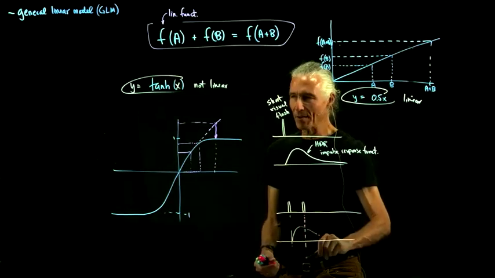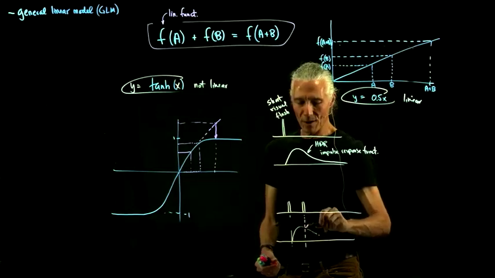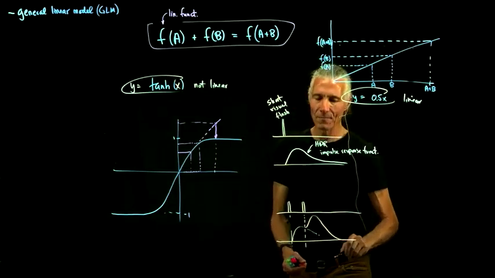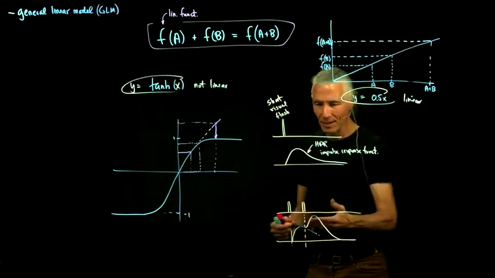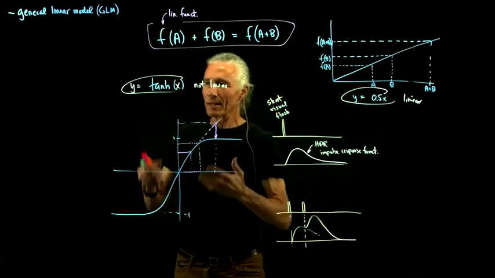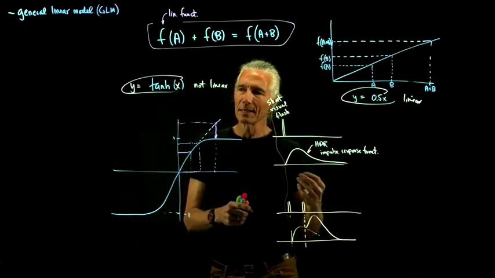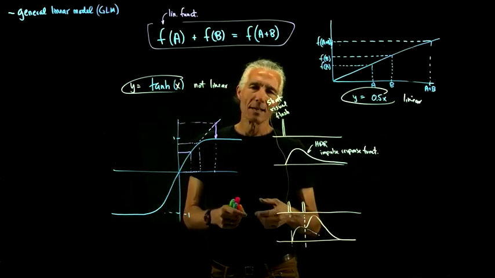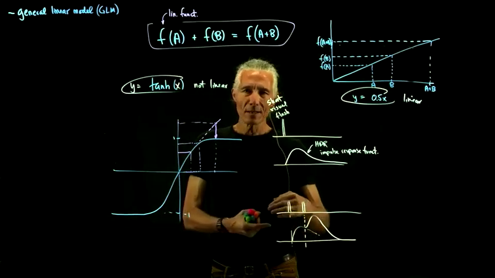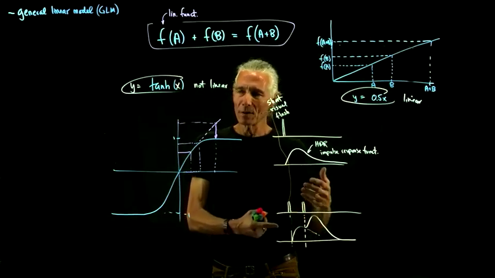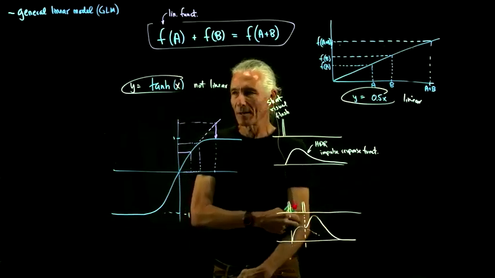But now we've got another one, and we'll just trigger it off again, on top of that, and then they'll both die off. So that's what the general linear model assumes. It assumes that whenever you do something, the brain responds, and then if you do something again, the brain just adds activity onto whatever ongoing activity is already there in the brain.